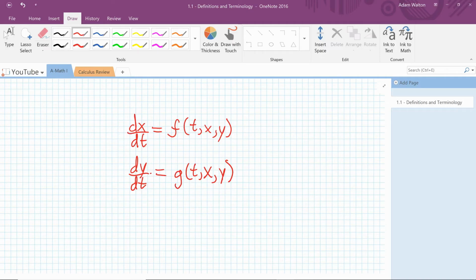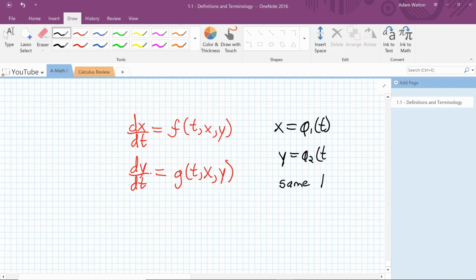The solution to that system would be a pair of differentiable functions, which we can consider for our sake as x = phi 1 of t and y = phi 2 of t, both having the same interval I, to satisfy each of these equations in the system on said interval.